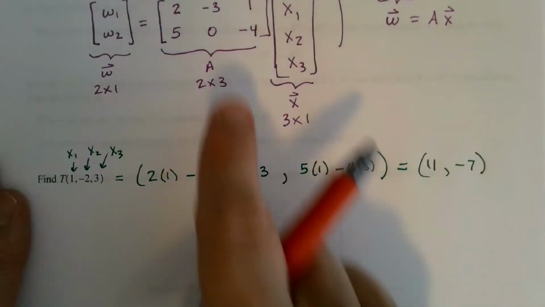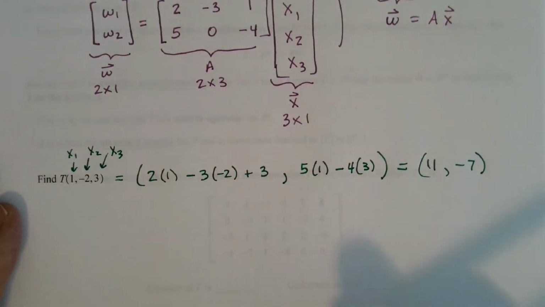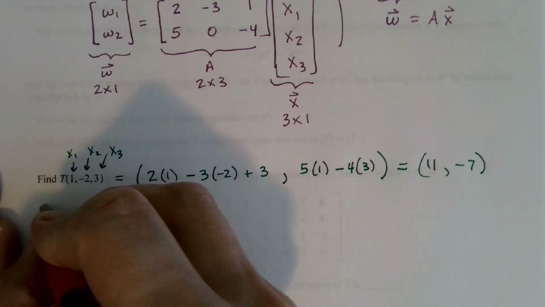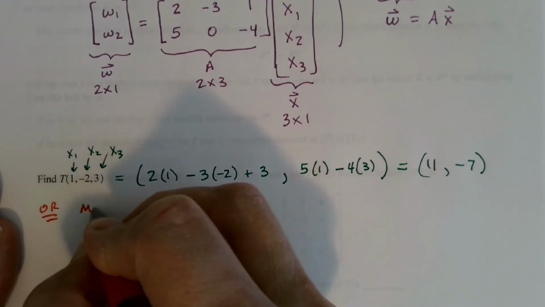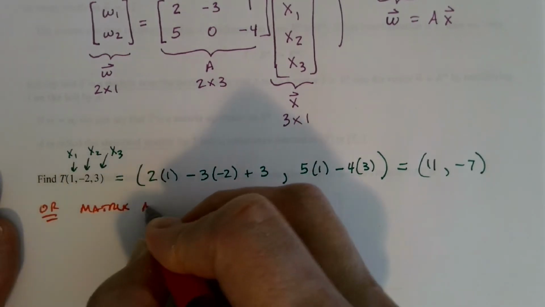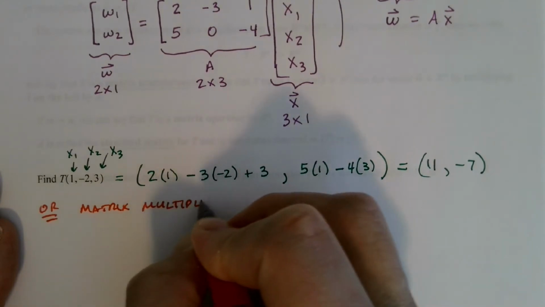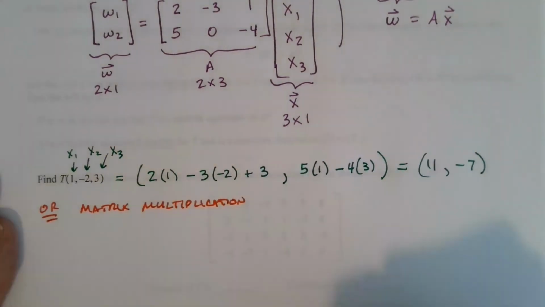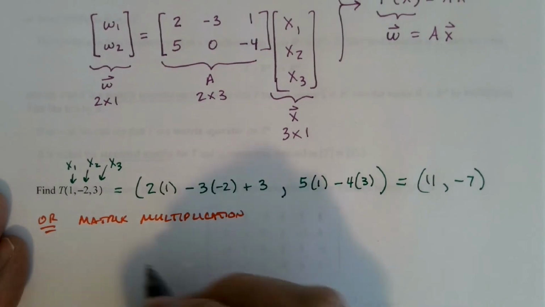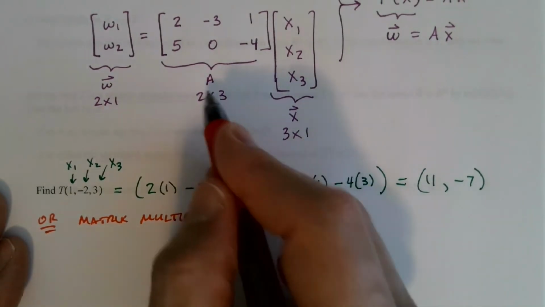I can also think of it in terms of the matrix multiplication. So I can think of the transformation as simply multiplication by the matrix A here.